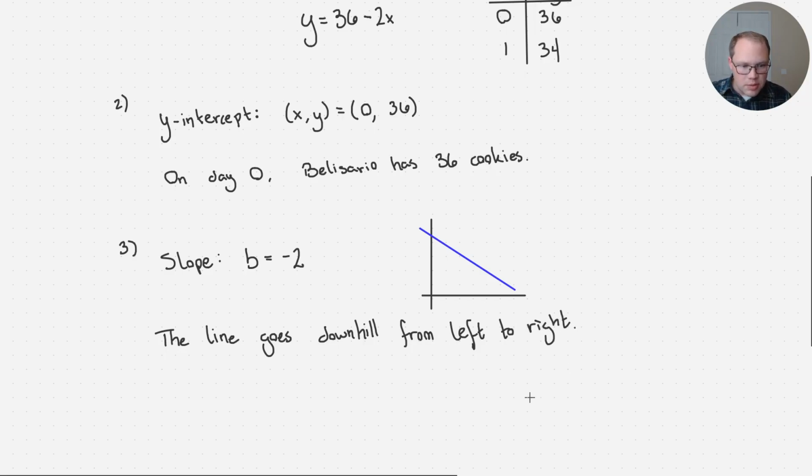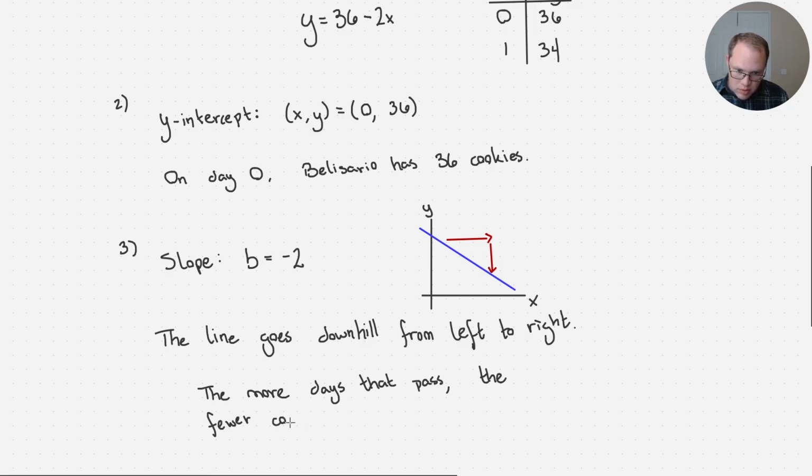And in the context of this problem, here's our x-axis, here's our y-axis, which means the more days that pass, let's draw it up here actually, the more days that pass, the fewer cookies Belisario has left.